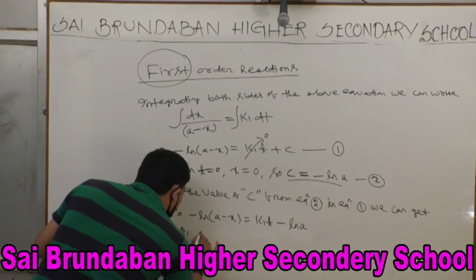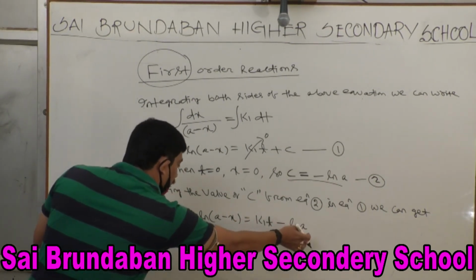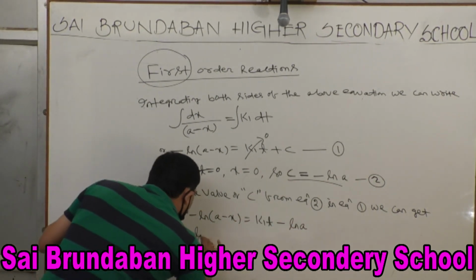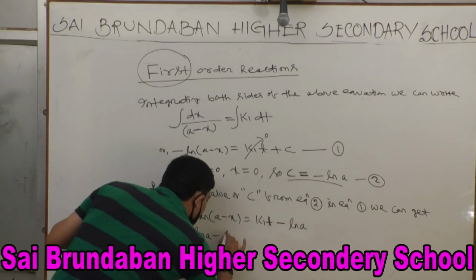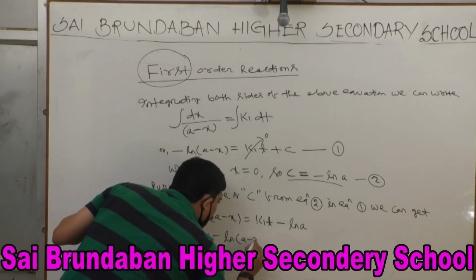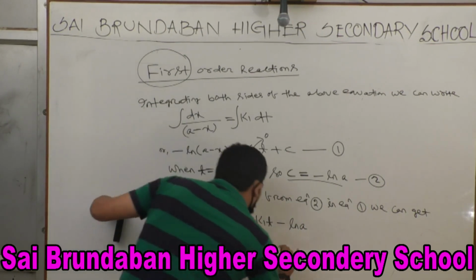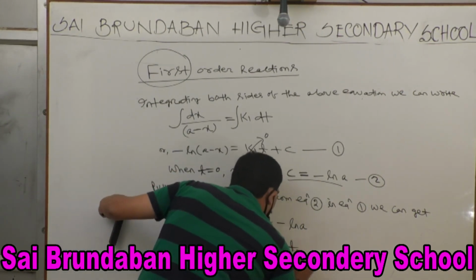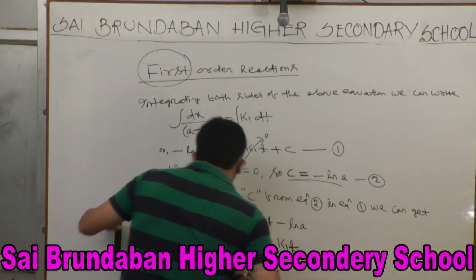Or we can write, if we take ln A to this side, ln A minus ln (A minus X) equal to K1 t.